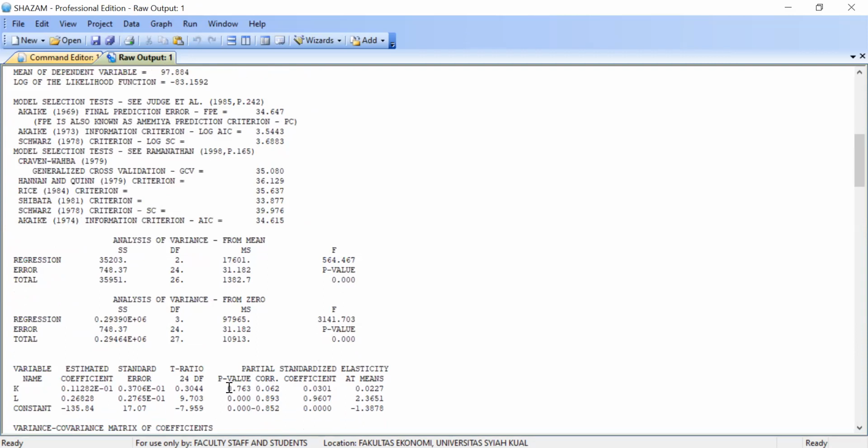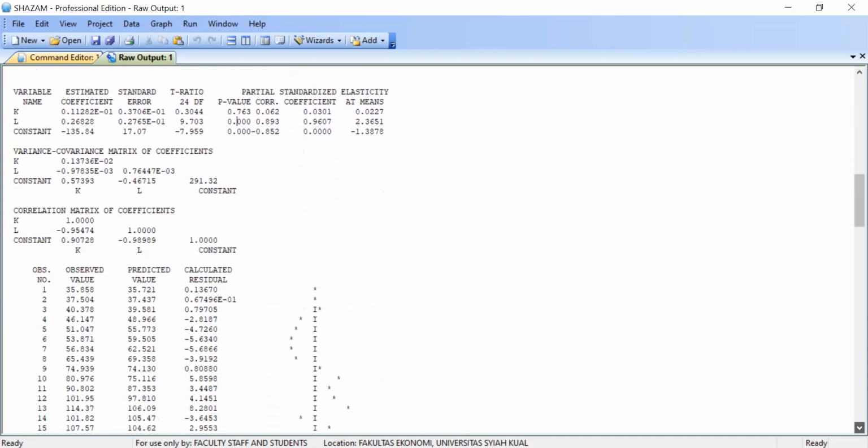We get the value of capital is not statistically significant because, oh sorry, the T ratio here is very small. The p-value is 0.763, which is greater than 0.05. This means capital is not statistically significantly different from 0, whereas the coefficient of labor is statistically significant.